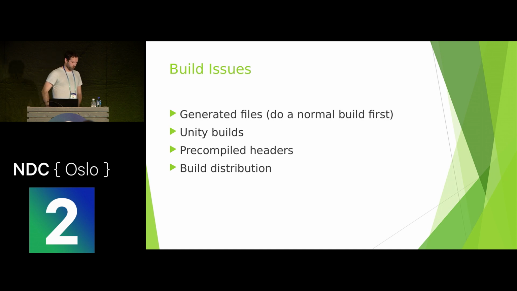Another issue that will come up is time. It takes a lot of time to run clang-tidy on all of your source code. It takes about as much time as compiling your source code because that's essentially what it's doing. But you can speed it up if you use Unity builds. You can speed it up by using pre-compiled headers, and you can speed it up by using some tricks that you have from build distribution.